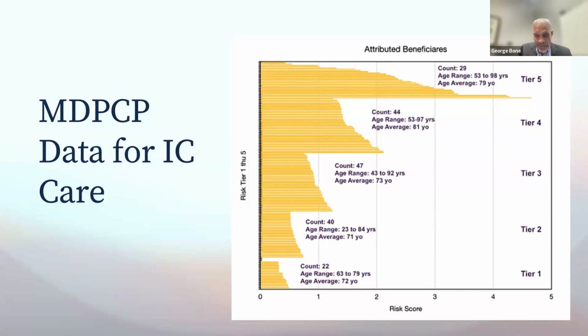But if we look at the age range, we see that tier 1 gives us an age range of 63 to 79, while all the other tiers, the age range is much wider. So from this, we can conclude that tier 1 is somewhat more homogeneous a population than the other tiers.